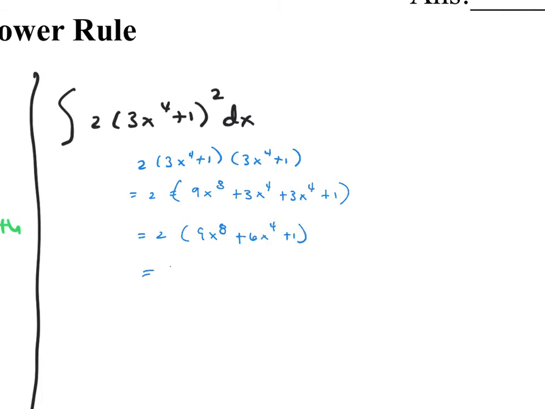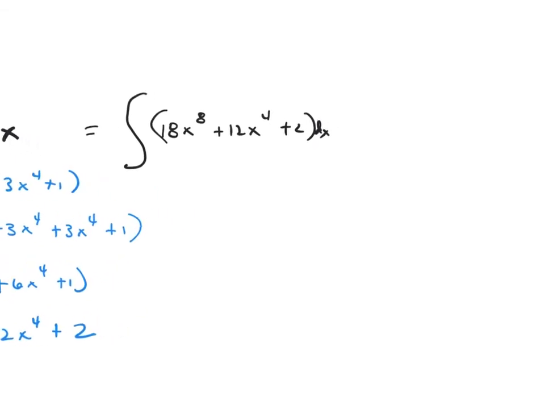Distribute the 2 would be 18x to the 8th plus 12x to the 4th plus 2. That's distributing the 2 to each one of those terms. So this integral is the exact same thing as the integral of 18x to the 8th plus 12x to the 4th plus 2 with respect to x, and the way we got that is by simply FOILing it out.